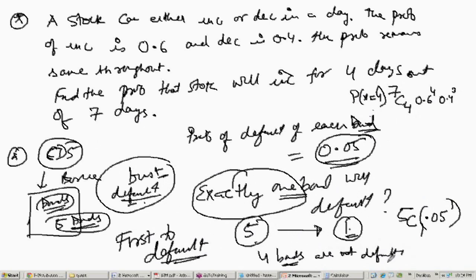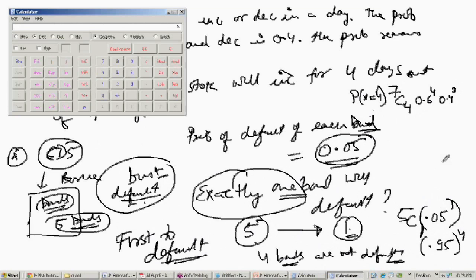When we have said that exactly one bond will default, it means that 4 bonds are not defaulting, right? What is the probability that 4 bonds will not default? Can I say it will be 0.95 to the power 4? So what we have is 5C1 into 0.05 into 0.95 to the power 4.